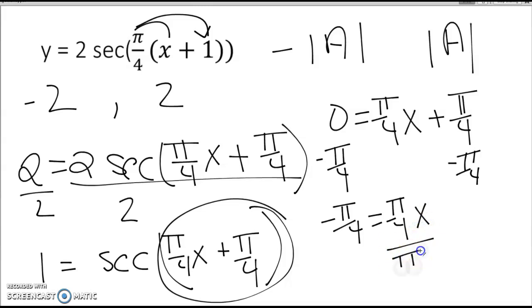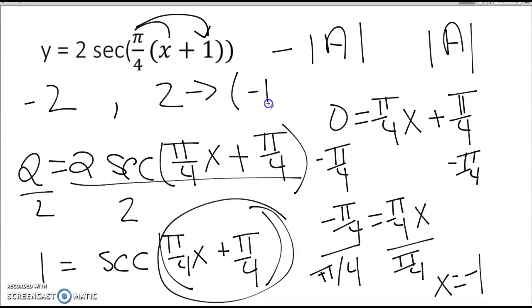Divide both sides by pi over 4. Oops, not negative, but just plain old pi over 4. And I get x is equal to -1. So one of my values will be, I've run out of space again, but I'll try to write it here, at -1, 2.